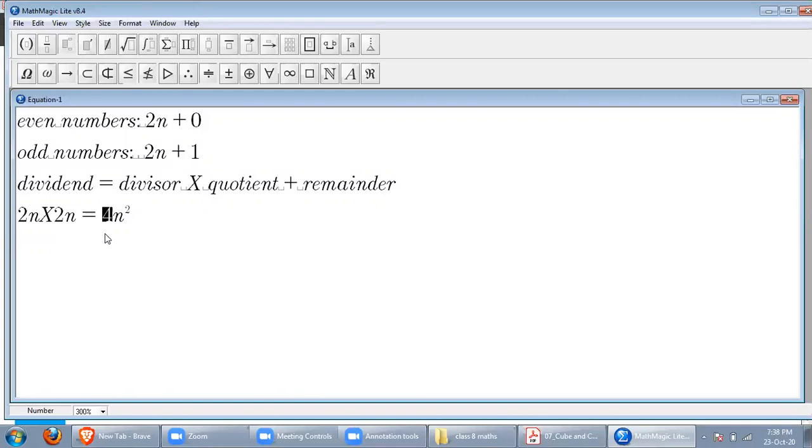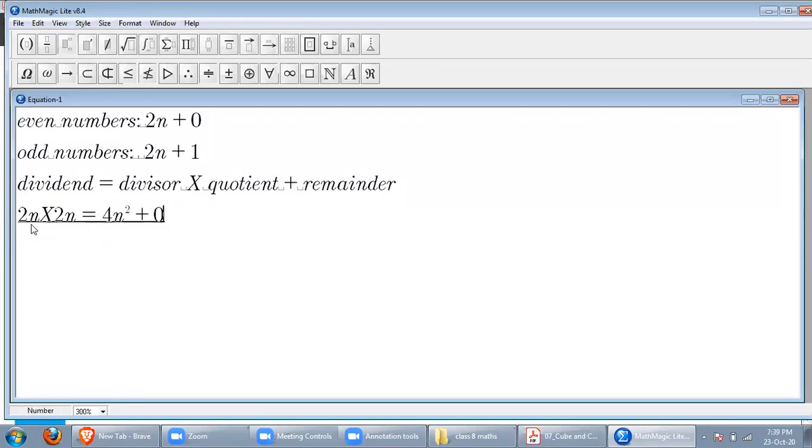So from here we can say that all even perfect square numbers will be divisible by 4. When an even perfect square is divided by 4, it gives remainder 0. That is seen from here, because it is 4n square plus 0.